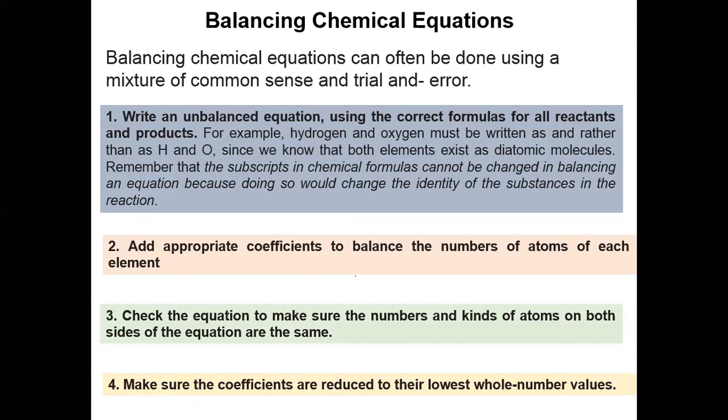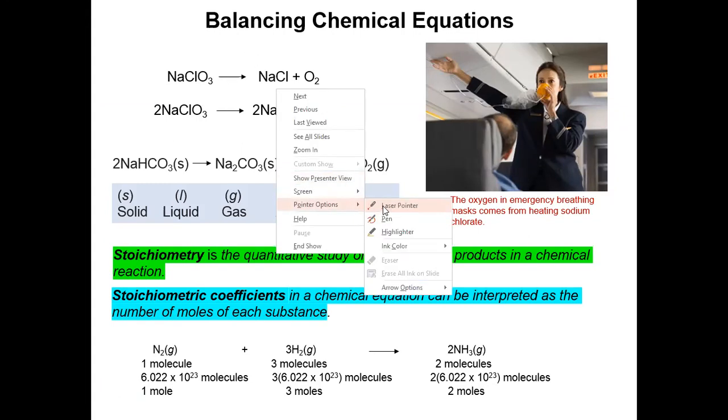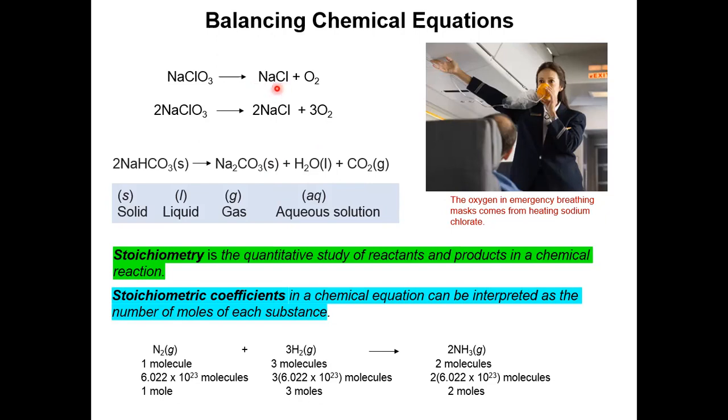Once we have it, we need to use coefficients to balance this chemical equation. Then we check it and make sure that all coefficients are okay. For example, if you look at this equation here, sodium perchlorate decomposes to sodium chloride and oxygen.